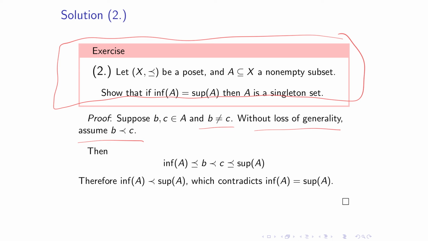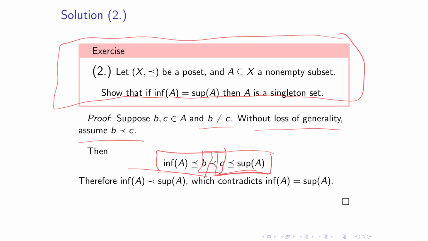We will assume that B precedes C. Well, since the infimum is a lower bound, then it must precede or equal the element B. Since sup A is an upper bound, then it must be that C precedes or equals sup A. And in the middle, we have that B precedes C by assumption.